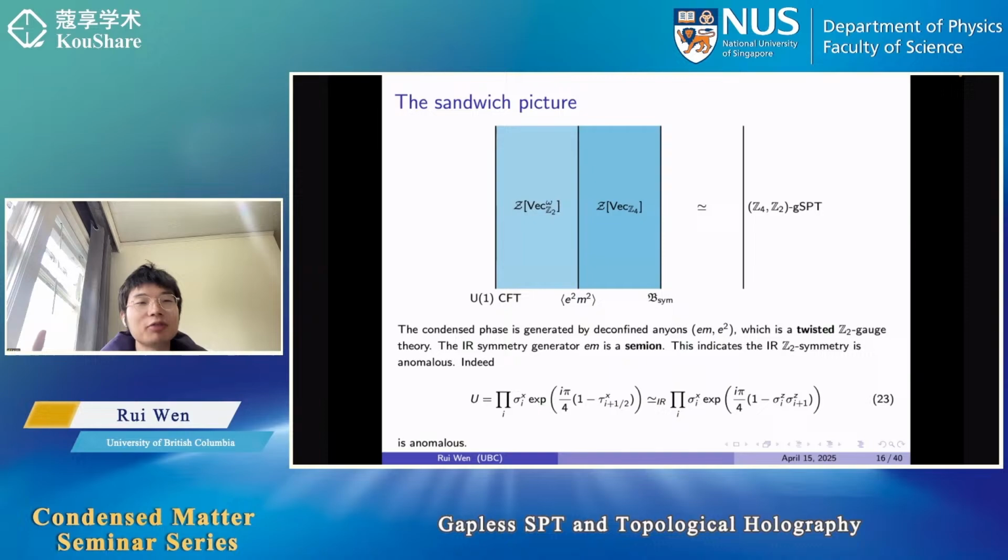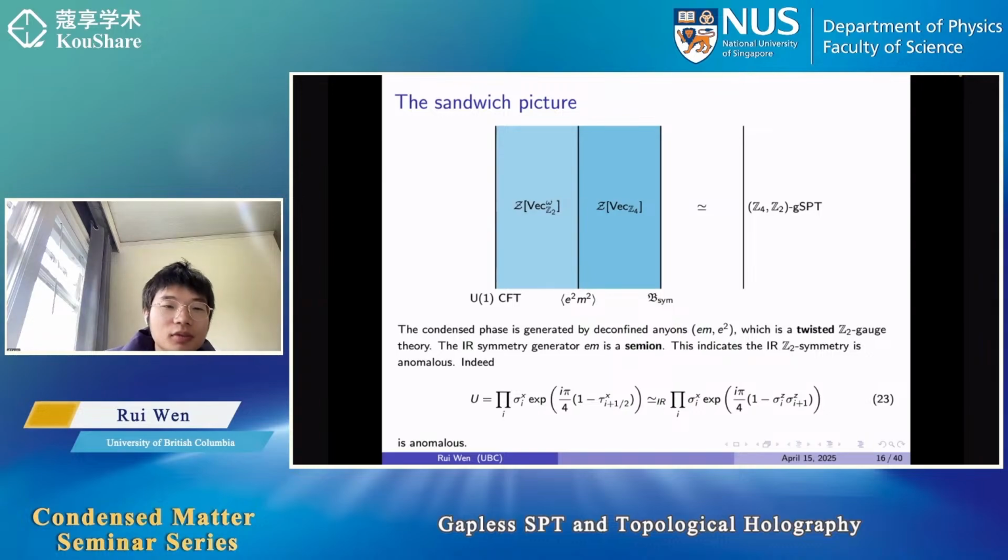Okay, so this is why it's called IGSPT. It's intrinsically gapless SPT because it has this emergent anomaly, right? So this IR symmetry is actually an anomalous Z2. And in the SymTFT, it manifests as this twist of the condensed phase. This condensation makes the condensed phase a twisted Z2 gauge theory, and this twist is what matches the anomaly of this 1+1D system.